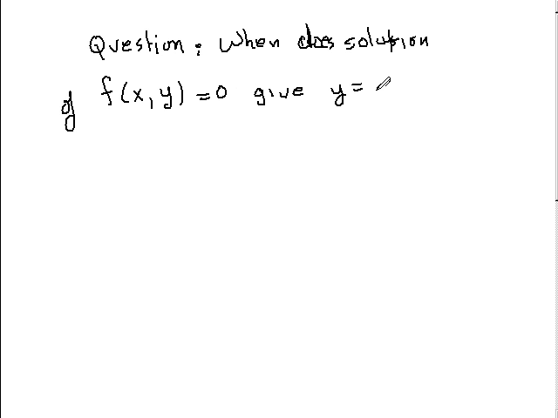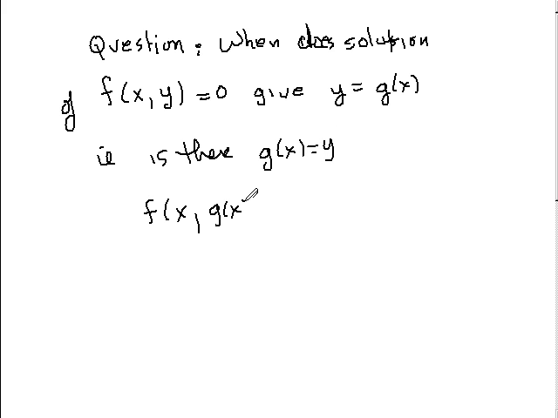So that means, is there a function g of x equals y so that f of x comma g of x is identically 0 for x on some interval?